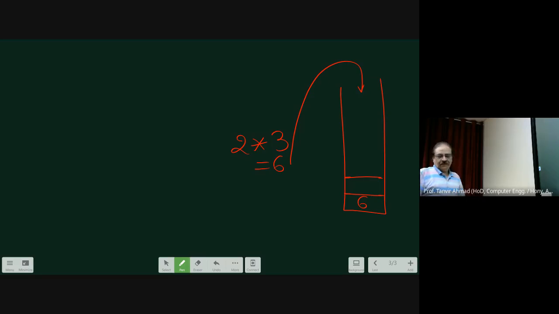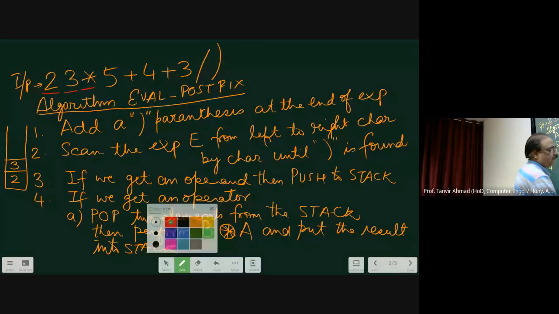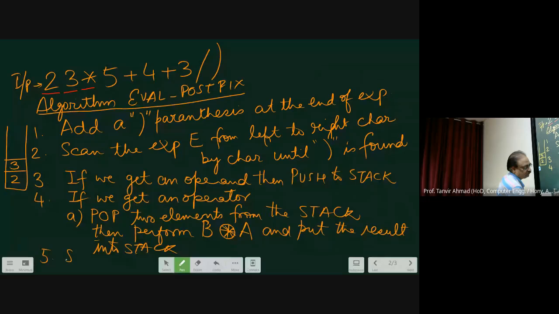Okay. Now let us try to do it like this. The expression which I got was this one. Then I will get 5. Now this is the end. Now you are going to evaluate this and then put the result back.